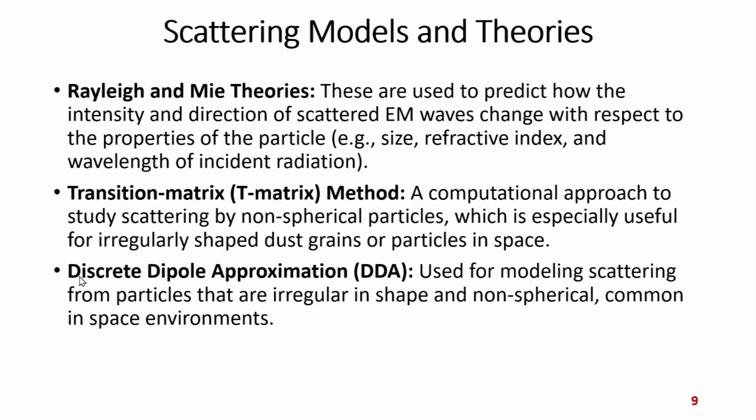The other one is the discrete dipole approximation, DDA, used for modeling scattering from particles that are irregular in shape. These methods are common in space environments. We will not discuss them in much detail, as that is beyond the scope of this course, but these are the methods which are used.